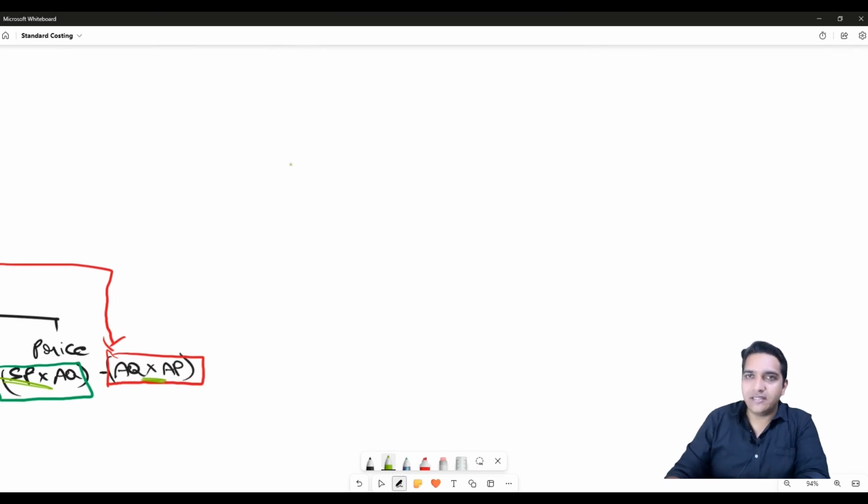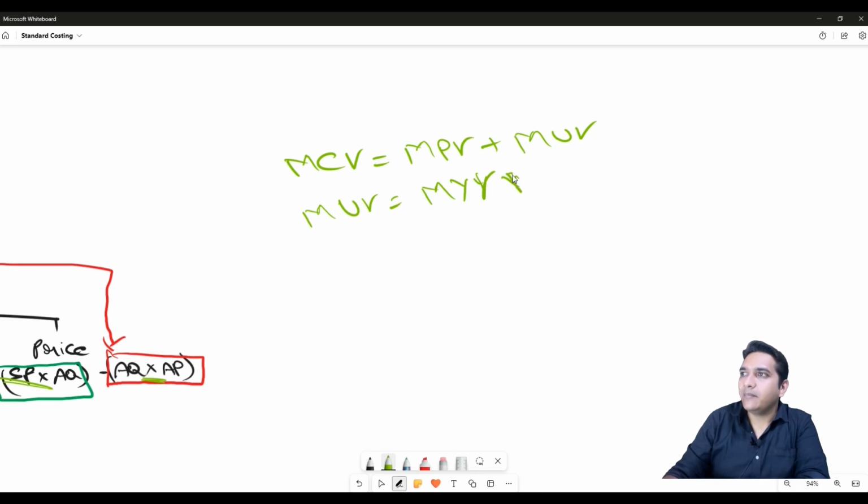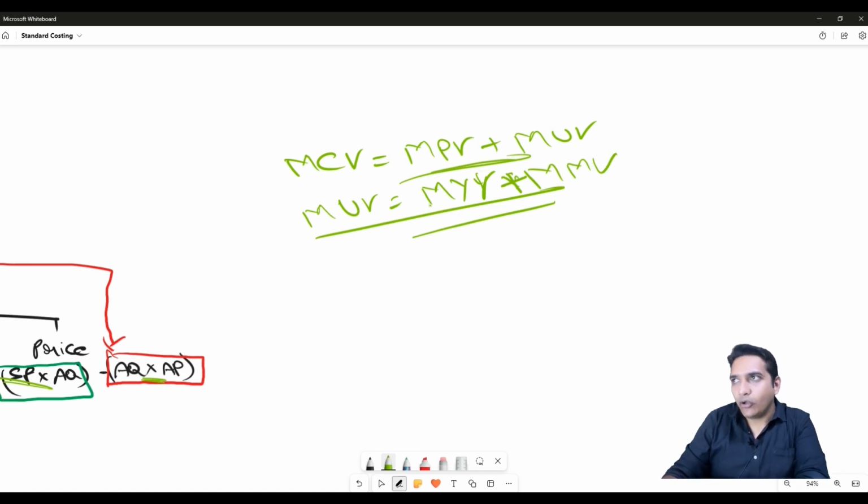Material cost variance should always be equal to material price variance plus material usage variance, and material usage variance will always be equal to material yield variance plus material mix variance. So remember these, and we will also use this while we are doing our problems.